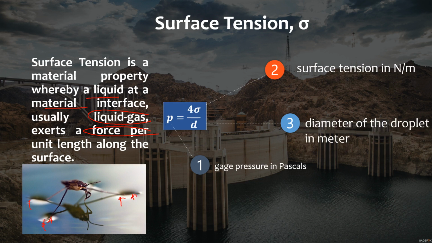And it can be computed with this general equation for gauge pressure. So we have P equals 4 sigma over D. Sigma is your surface tension, D is the diameter of the droplet in meters, P is the gauge pressure, which is in Pascal.